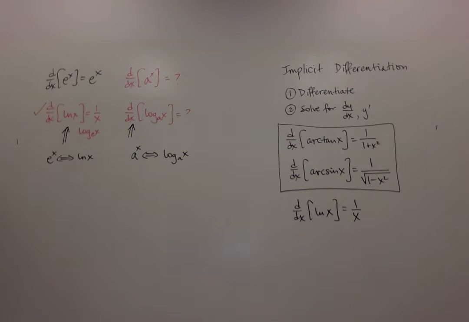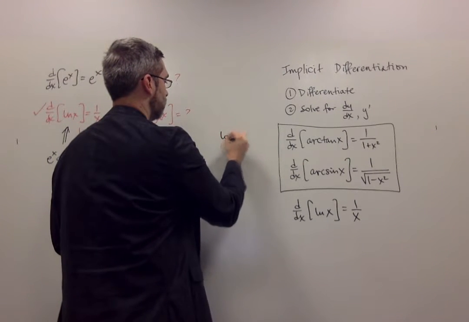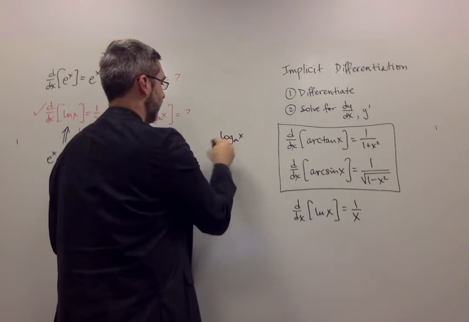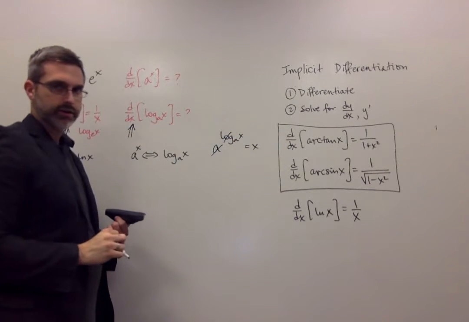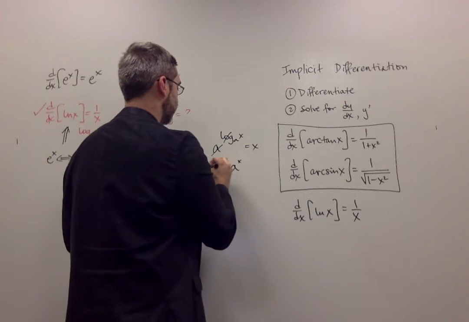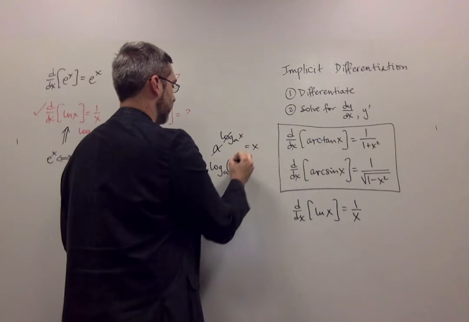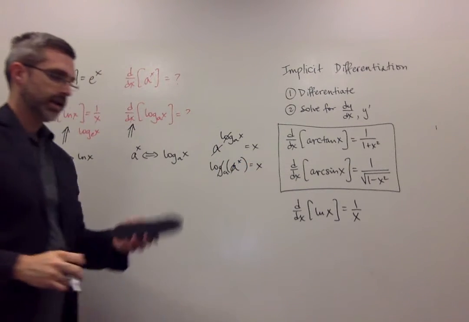So if I have log base a of x and then I take a to that, these eliminate each other. Or if I take a to the x and then I plug that inside log base a, those eliminate each other.